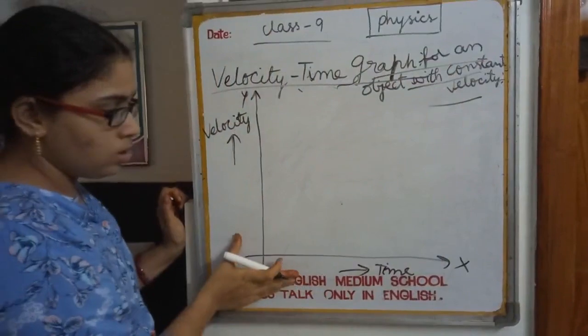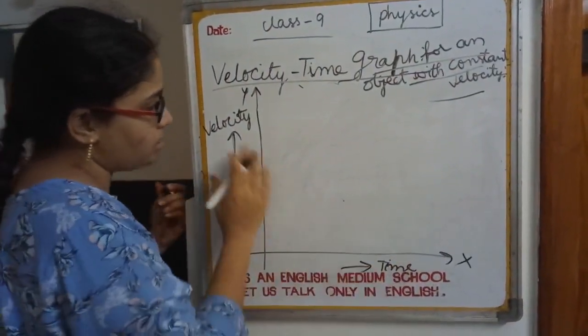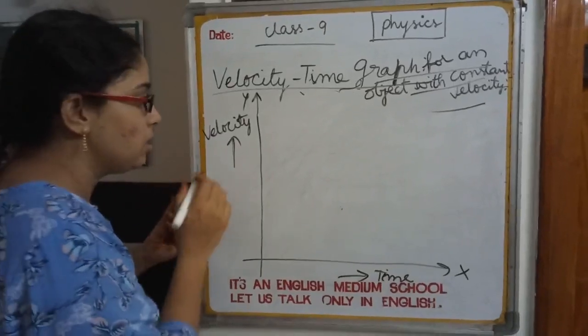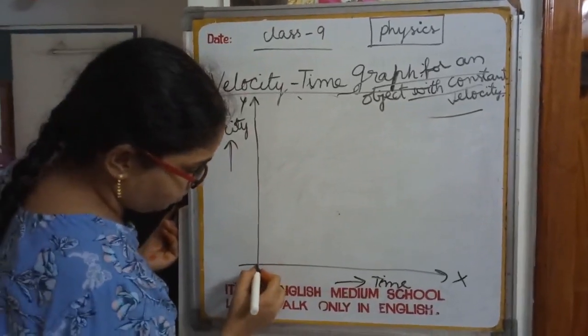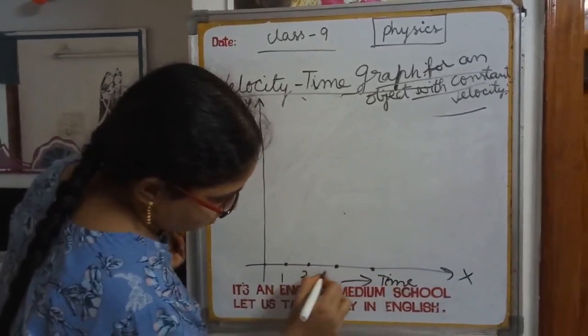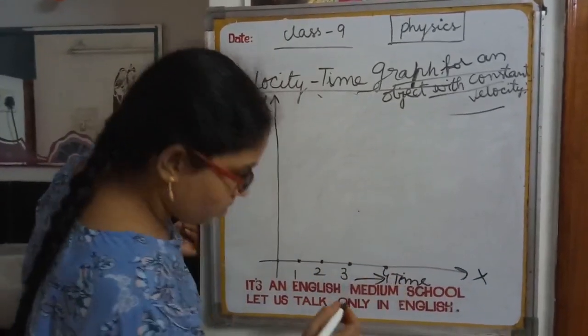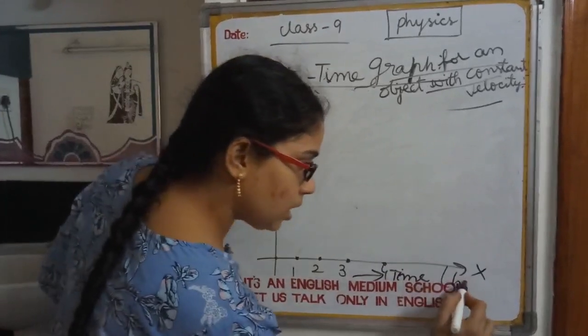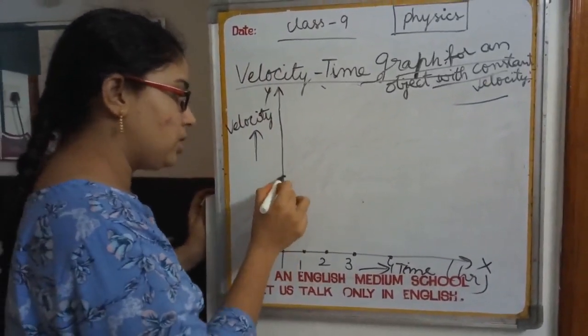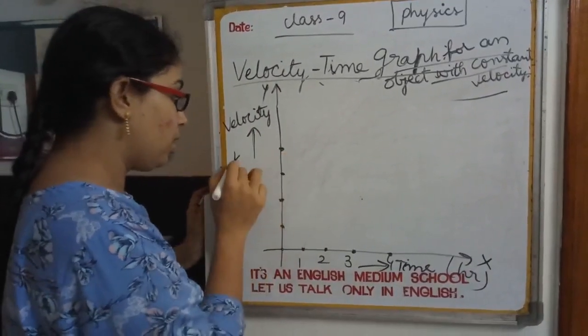You have to draw the x-axis and y-axis, and take time along the x-axis and velocity along the y-axis. Here I am considering time in hours, so we have to consider velocity in kilometers per hour.